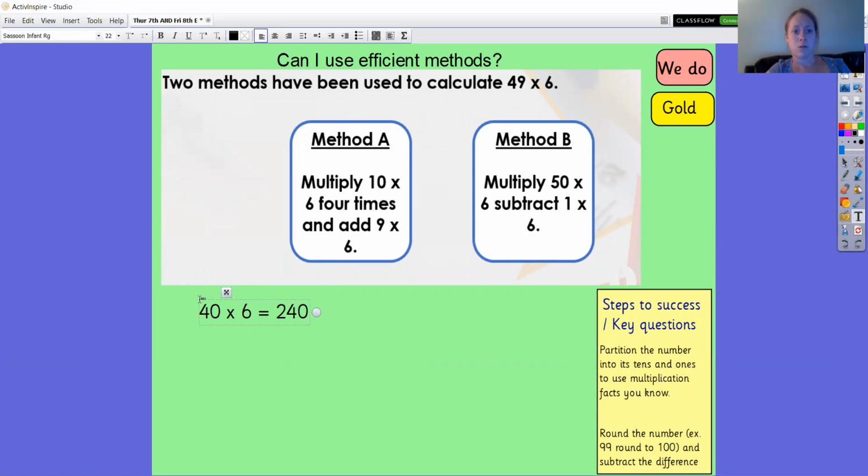And then I can do my 9 times 6, which is 54. Again, write that out if I'm not sure what it is. Write my times tables out to help me. So 9 times 6 is 54, and then I can add them together in a column addition. So 0 and 4 is 4, 4 and 5 is 9, and then 2 add 0 is obviously 2.